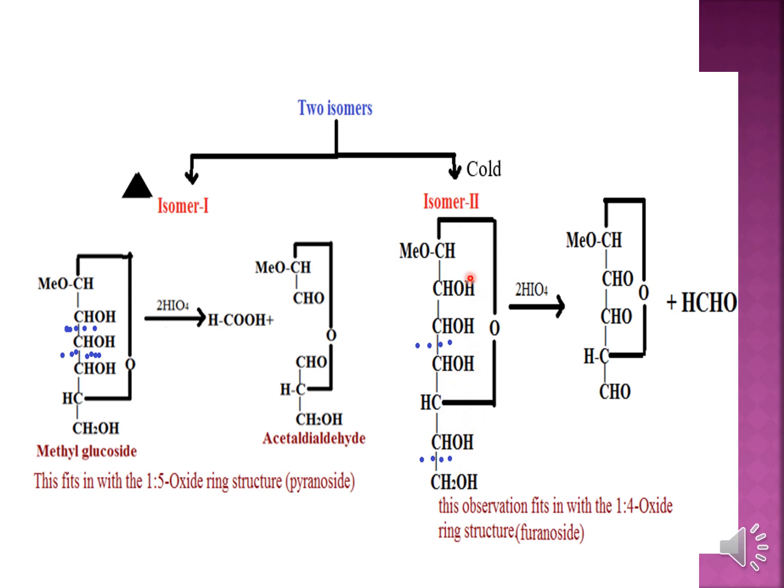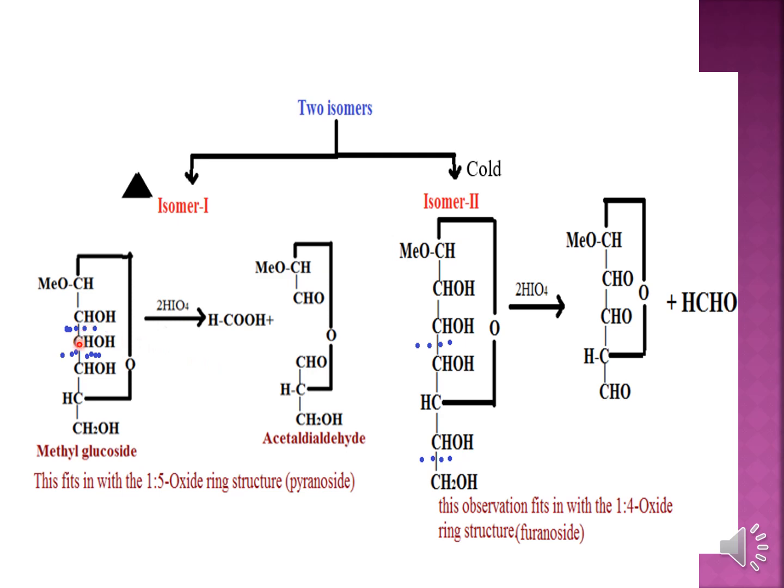If you take this first isomer and treat it with 2 molecules of periodic acid, it gets cleaved in between. When this gets cleaved, this CHOH is getting converted into an aldehyde, and then again this CHOH is getting converted into an aldehyde.